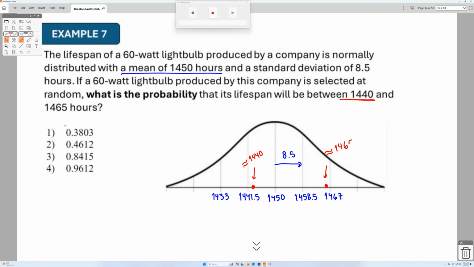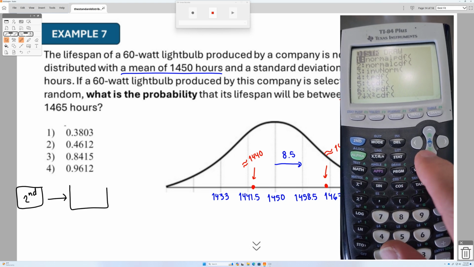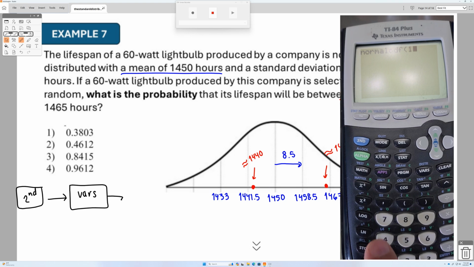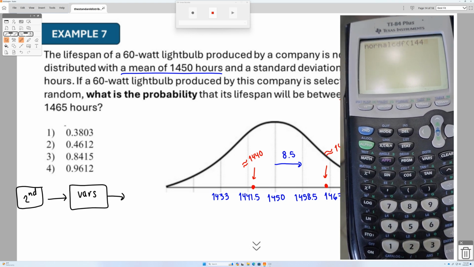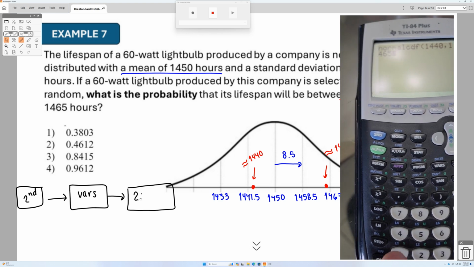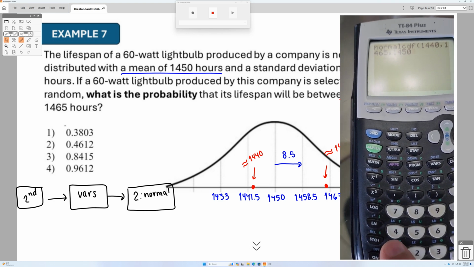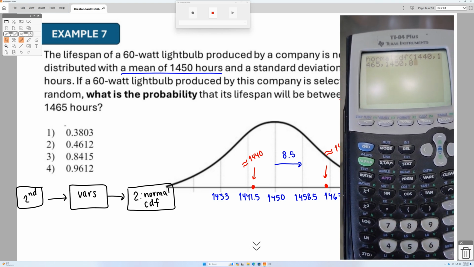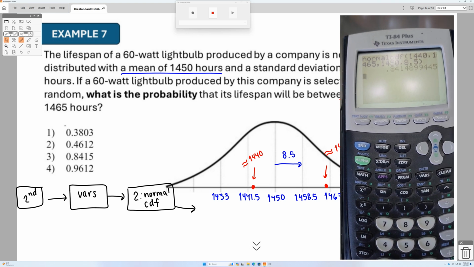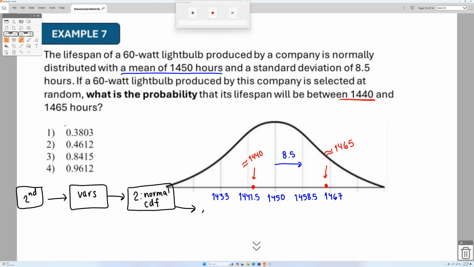Using the TI-84 Plus. Type the value of the lower bound. Then the upper bound.